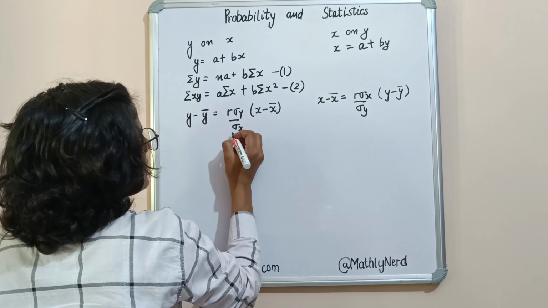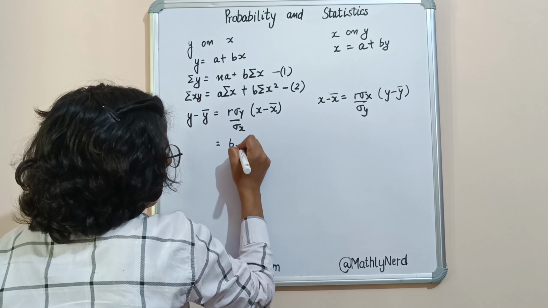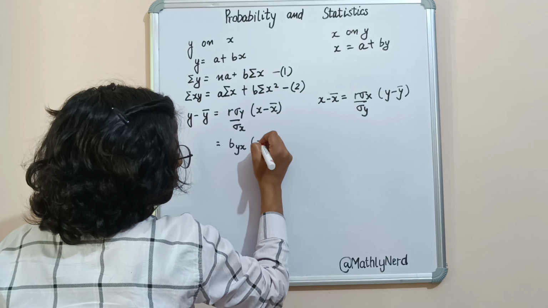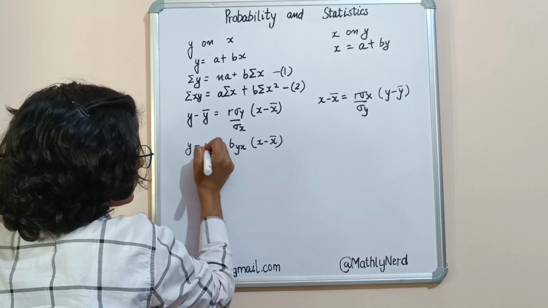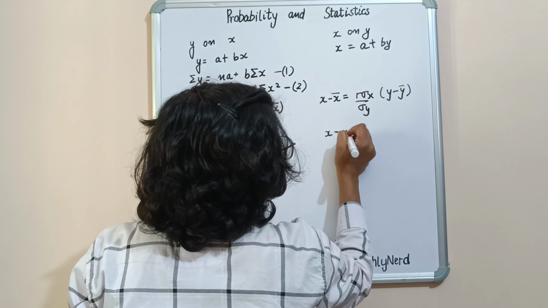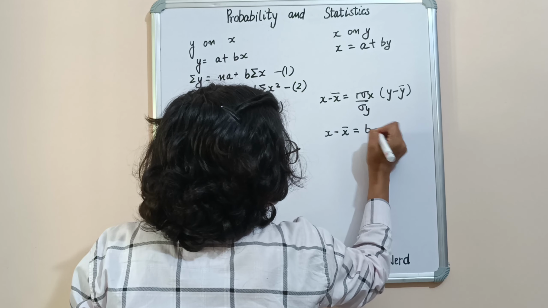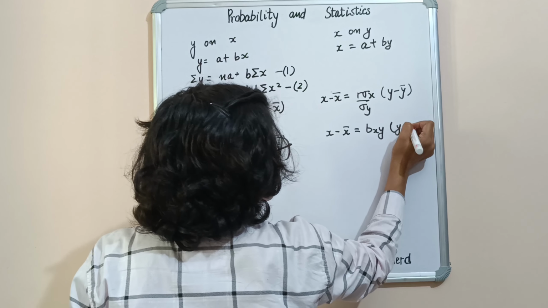Now we can also write this as y minus y bar equals byx into (x minus x bar), and x minus x bar equals bxy into (y minus y bar).